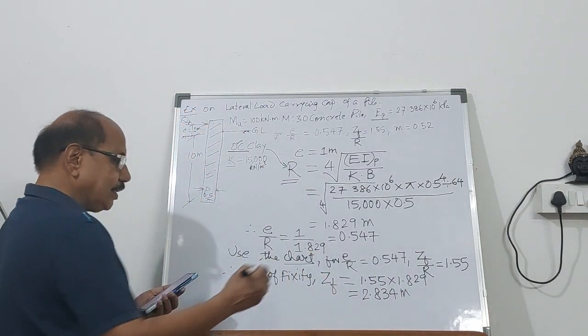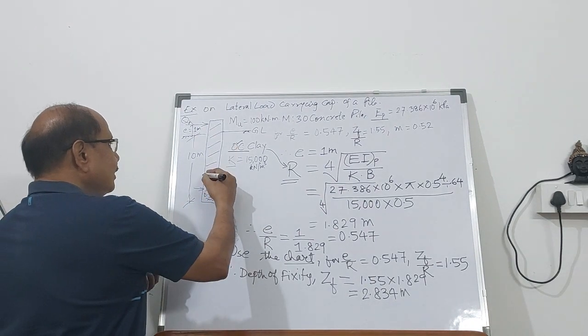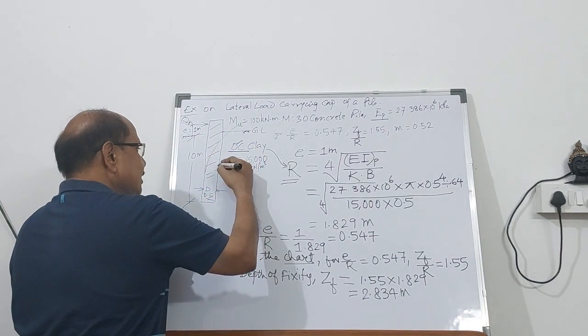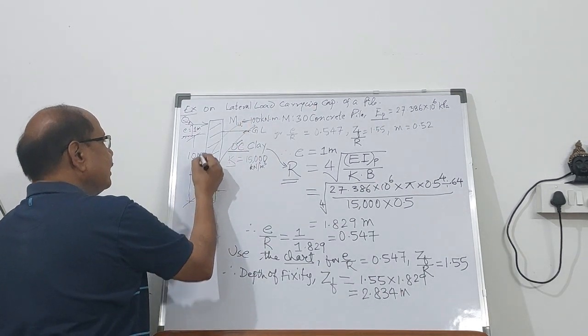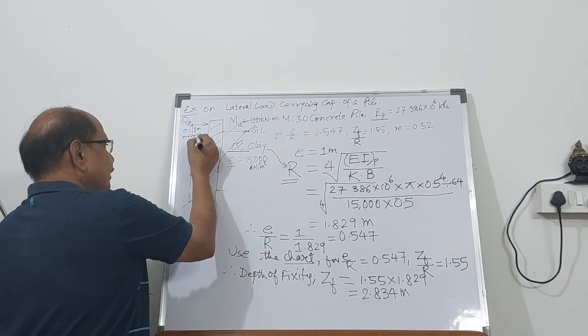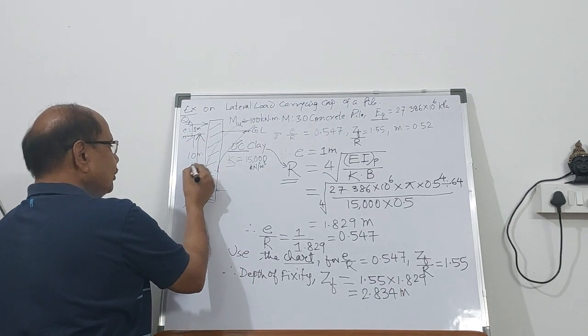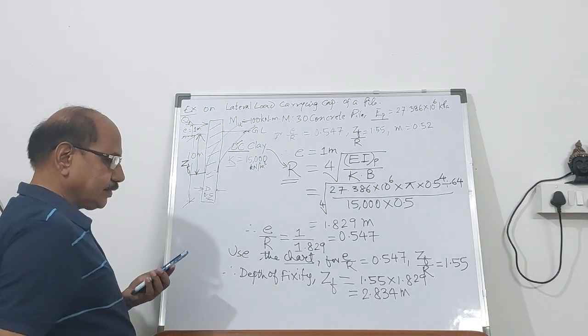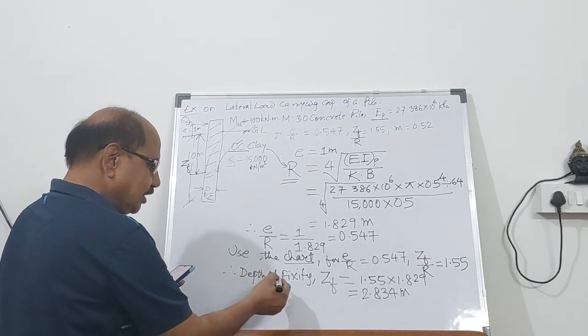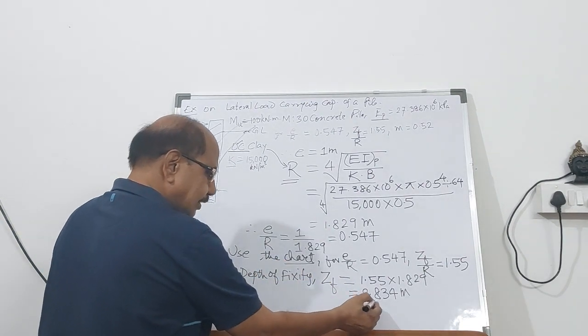So the depth of fixity of this pipe, the pipe is going to deflect like this, and the depth of fixity is here. This is the depth of fixity where the deflection is going to be 0. So this depth of fixity ZF you are able to find out from the chart.